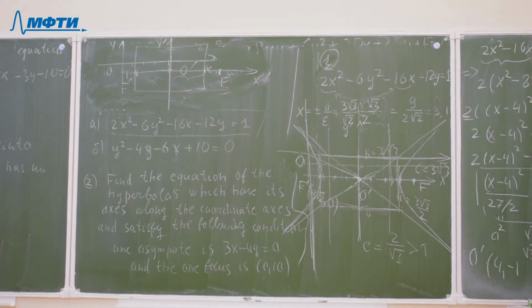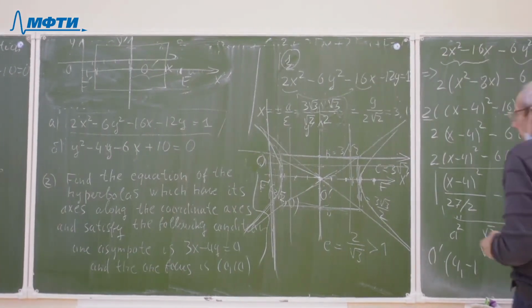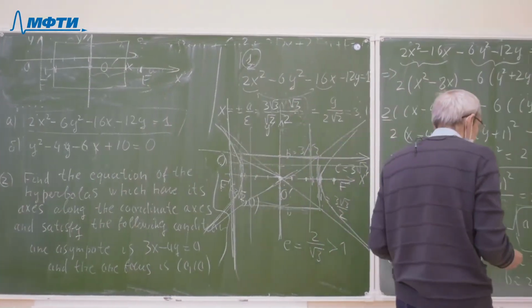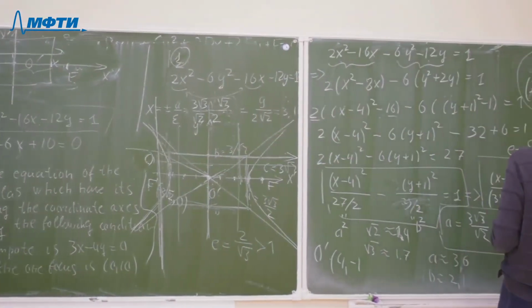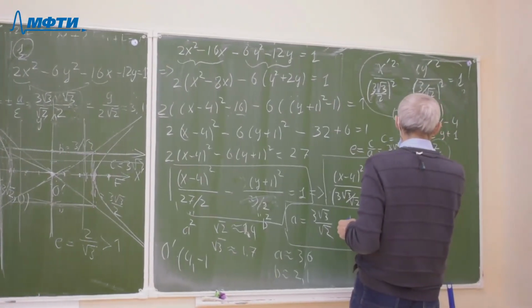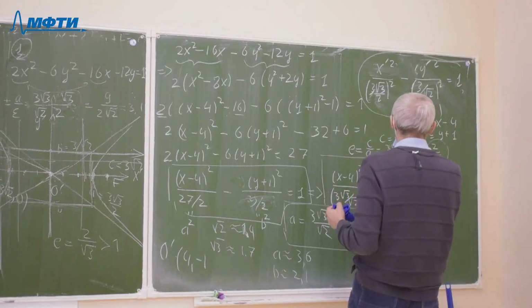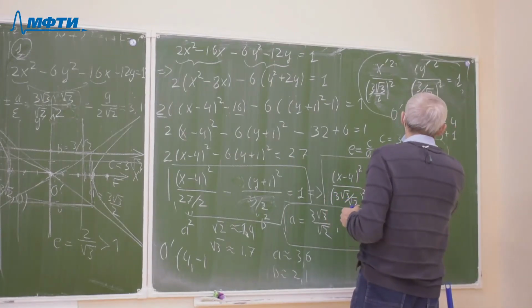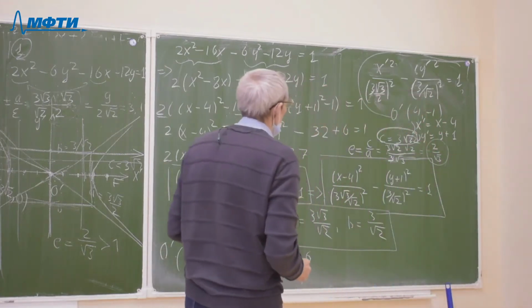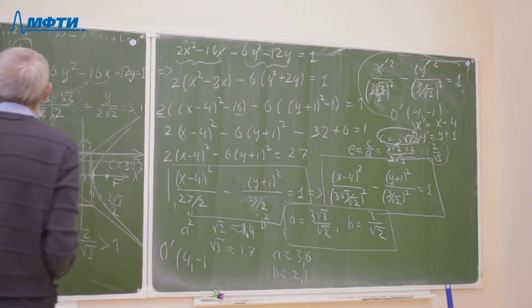Sorry, C. Where is C? A, B. Yes, 3 times root 2. Yes, C, that's right. I missed the eccentricity. I see. Okay. 3 times root 2.